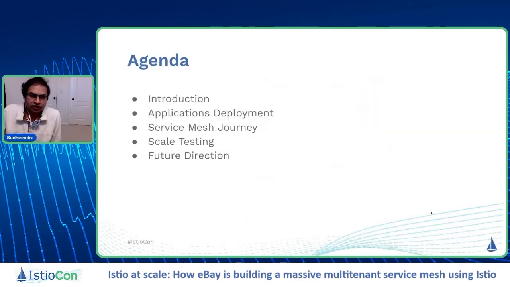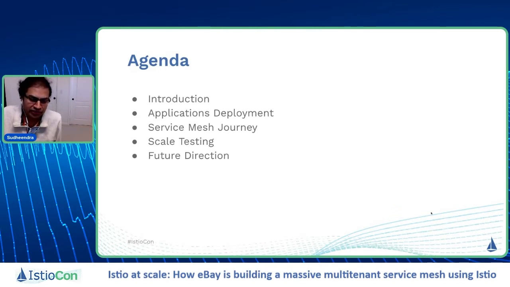Okay, so the agenda of the talk is going to be as follows. We'll start off with an introduction, give you an idea of the scale that we are talking about to run eBay applications and how applications are deployed within eBay's cloud. And we'll then jump into our service mesh journey, and we also will look at reasons for us to be doing service mesh.